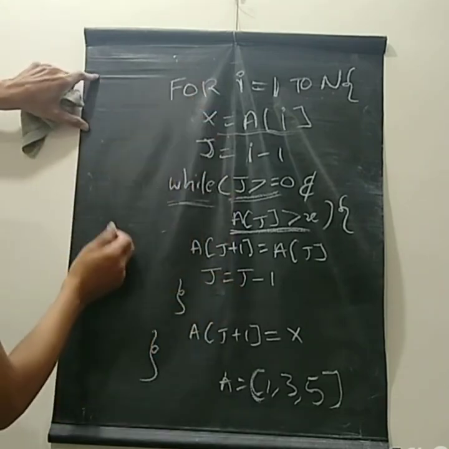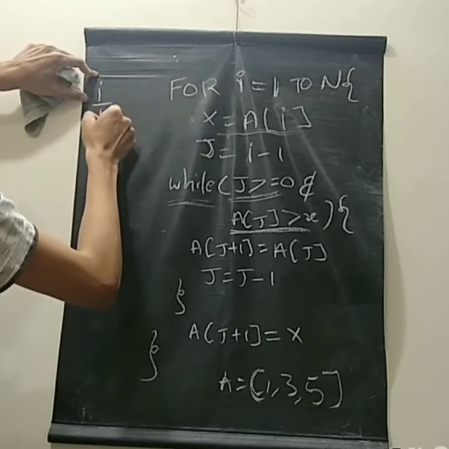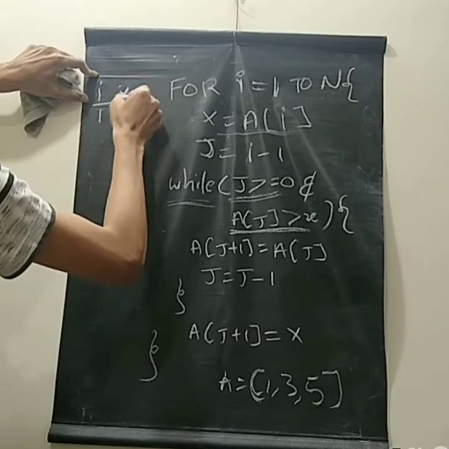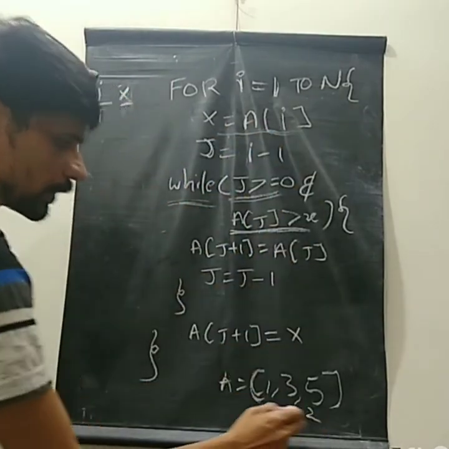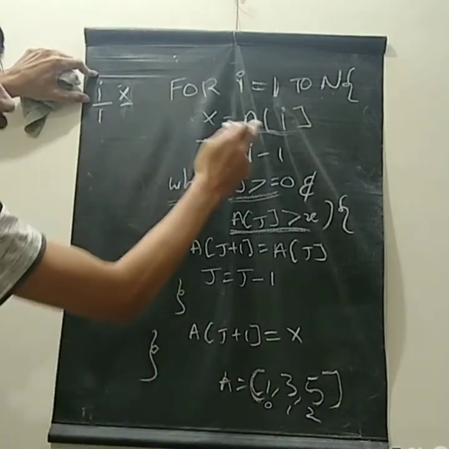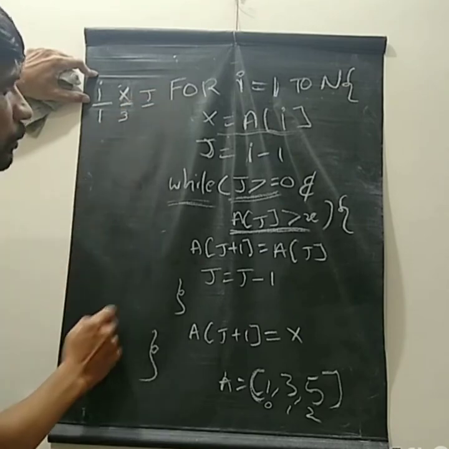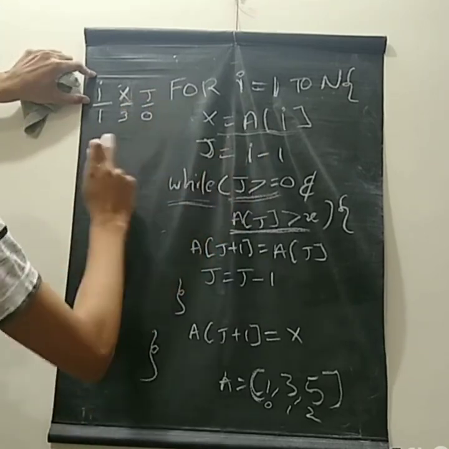We will traverse through this program. Initially my i is 1. What is my x? x is a of i. Indexes 0, 1, 2. So what is a of 1? It is 3. What is my j? j equals i minus 1, that is 0. 1 minus 1 is 0.